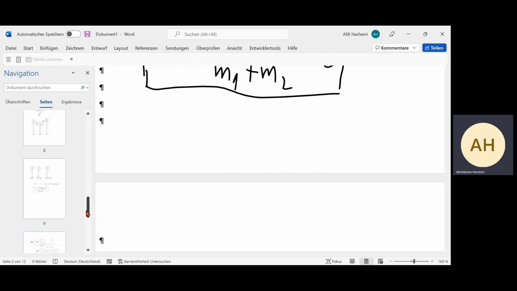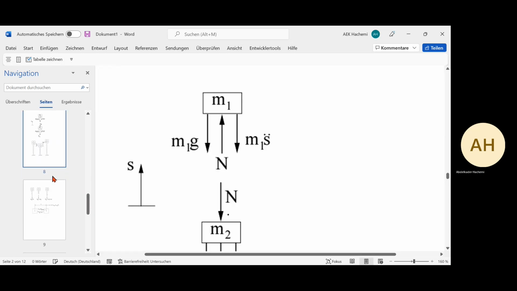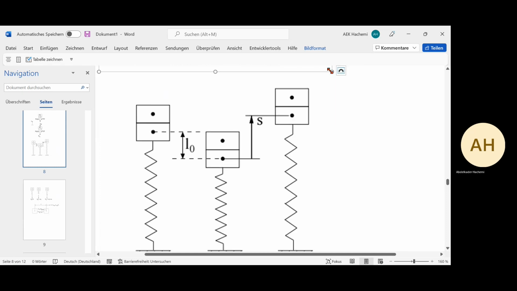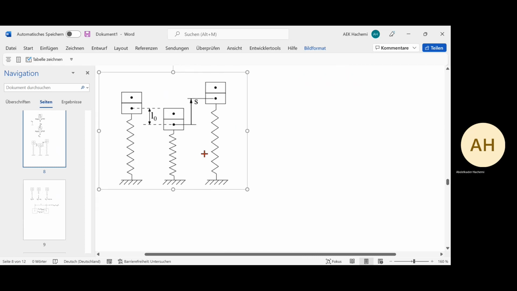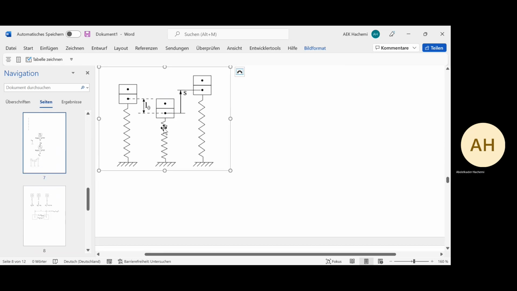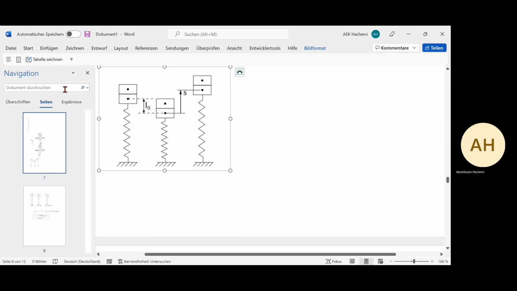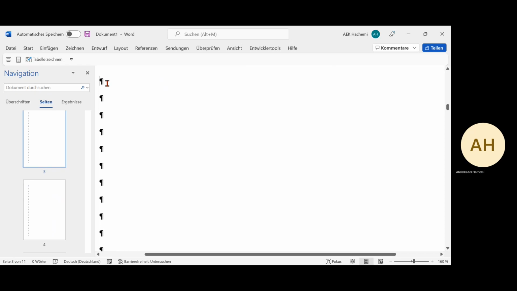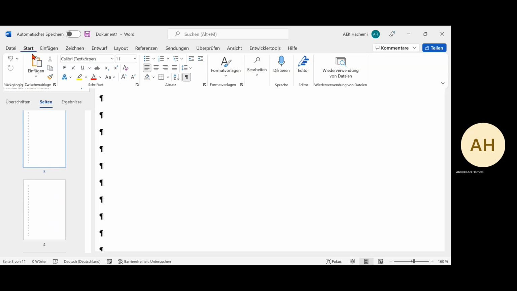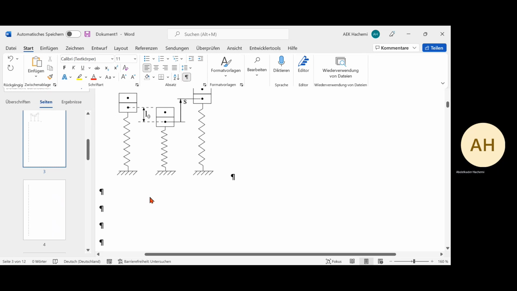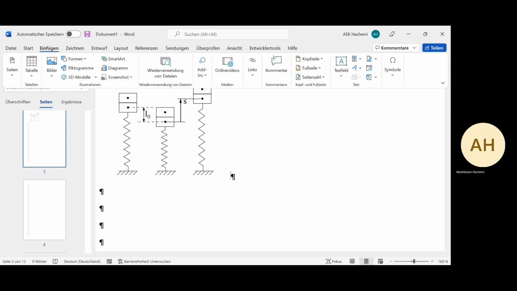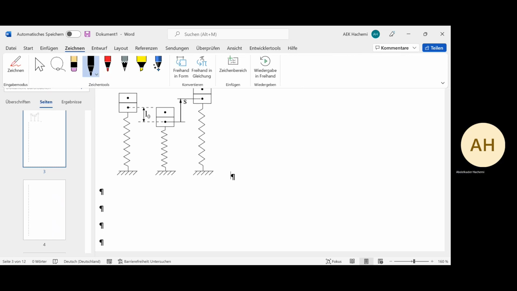Then it means if I can represent it here, this is now, we say here, we separate the things.